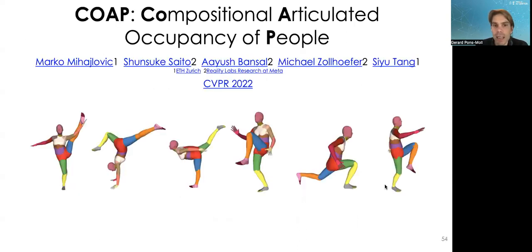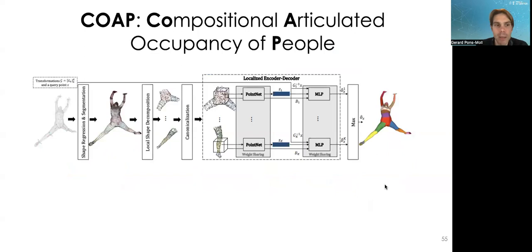So this is addressed in this work, which is called COPE. And the idea is quite straightforward, but it makes a lot of sense. So basically, you want to obtain the implicit surface of the simple model. And essentially here, what you will do is pose the simple mesh, consider the parts separately, and then canonicalize these parts independently, and then run PointNet here to predict latent codes.